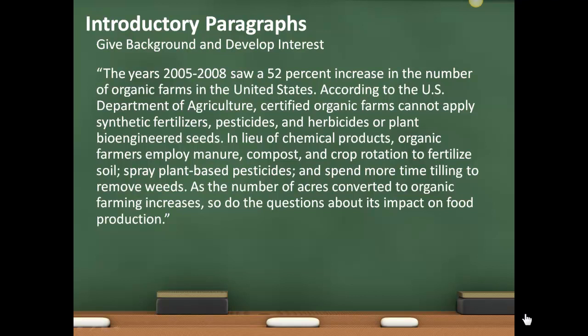So we have, as far as background, according to the U.S. Department of Agriculture, certified organic farms cannot apply synthetic fertilizers, pesticides, and herbicides, or plant bioengineered seeds. In lieu of chemical products, organic farmers employ manure, compost, and crop rotation to fertilize soil, spray plant-based pesticides, and spend more time tilling to remove weeds.